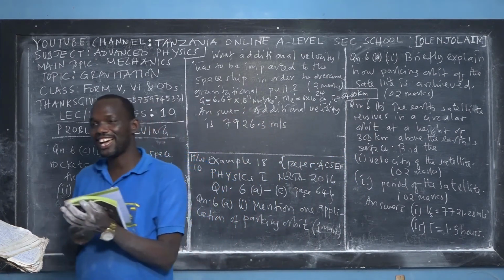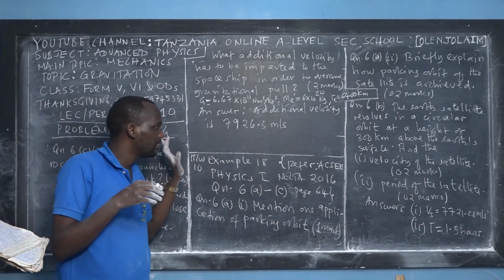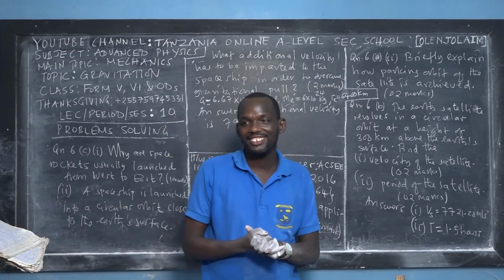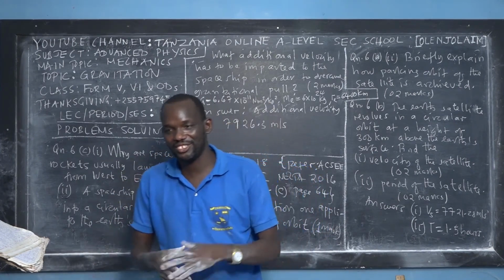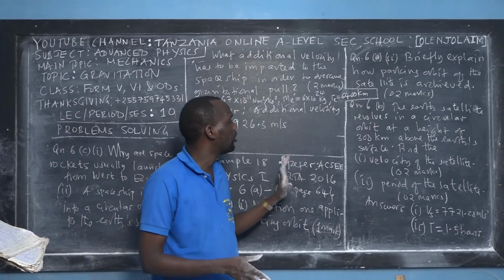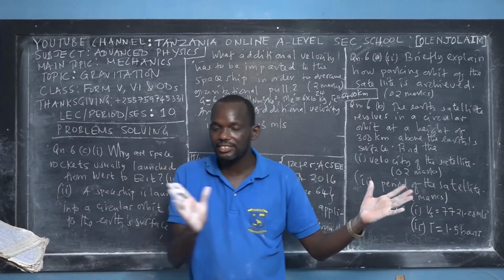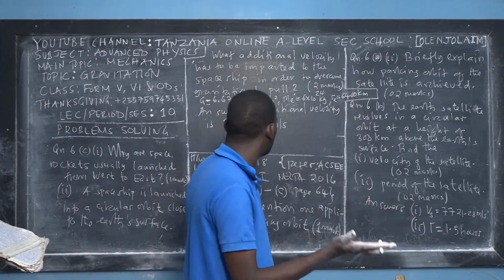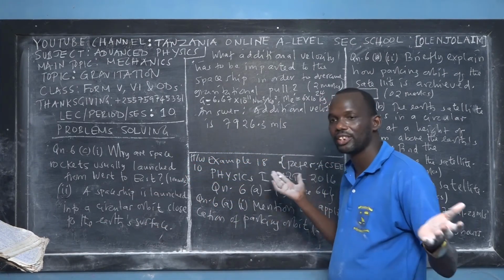So in this case now, you see how the questions of 10 marks are formulated, right? And then you see the beauty now of physics. It's not difficult because these questions are just testing you on the concepts of satellites. The questions talk about satellites, spaceships, and so on.